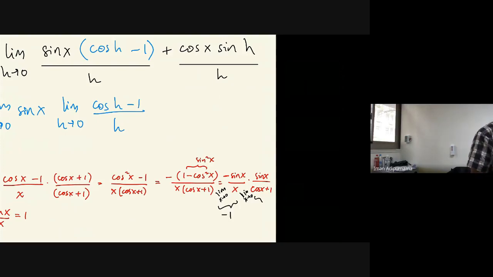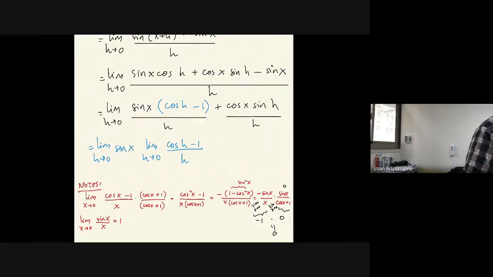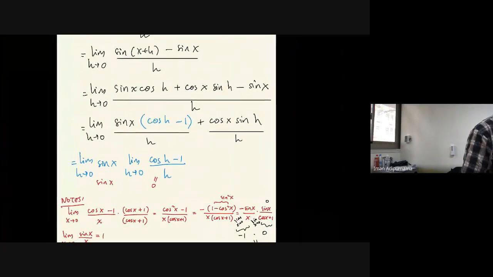This one becomes 0, right? Sine 0 is 0. Cos 0 is 1, so 0 over 2 is 0, right? And negative 1 multiplied by 0 is 0. So this whole part is 0. Sine x with 0 is 0. So we are just left with this part.